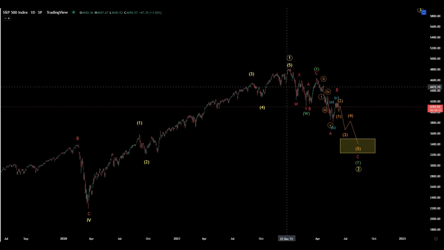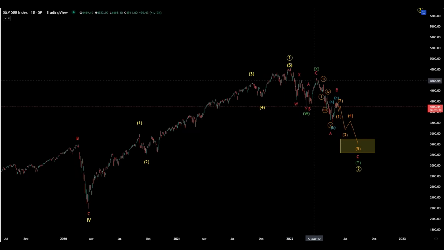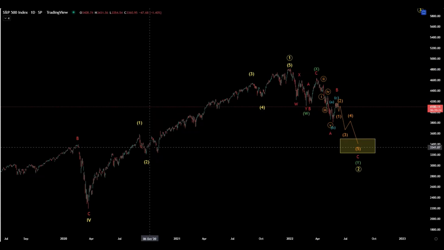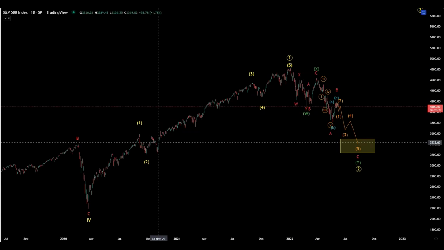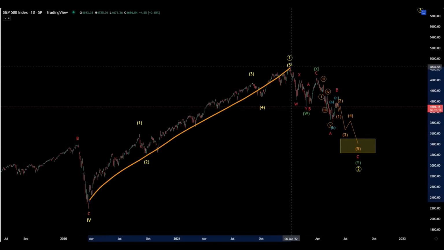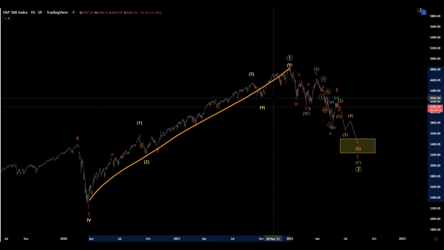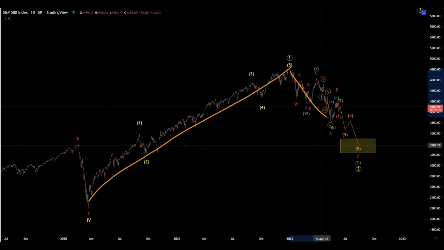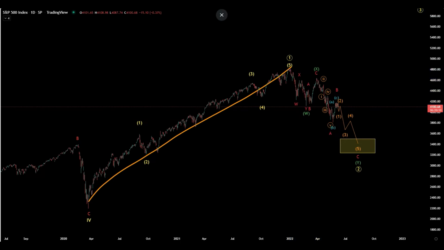First and foremost, what I have labeled a W is not a 5-wave move. So if we're going to be all done with the S&P 500, the 100-year bull cycle complete, that has to be a 5, and it has to be way bigger.